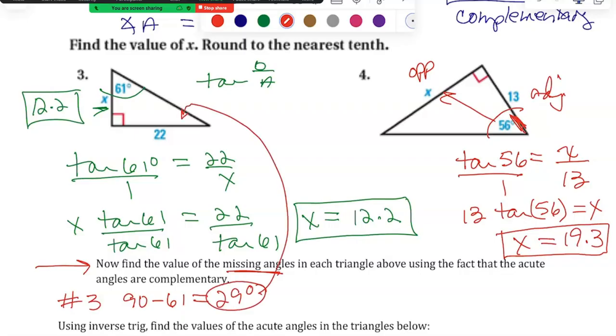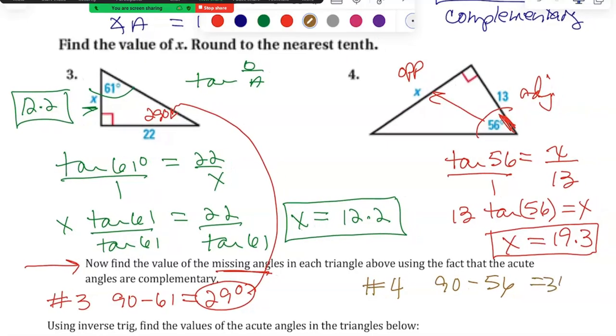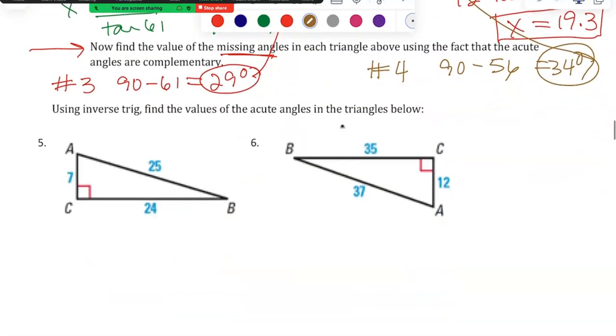This angle right here, 29 degrees. Number 4. 90 minus 56 in your calculator. That's going to equal 34 degrees. This angle is 34 degrees. Okay? Keep going.